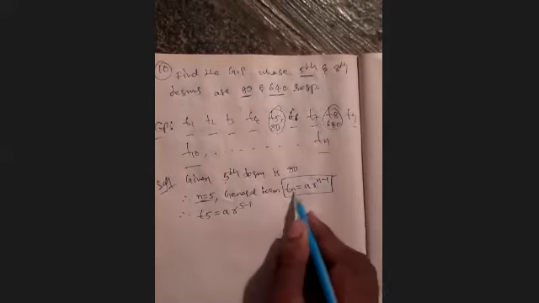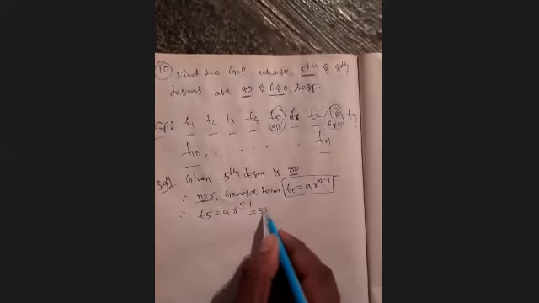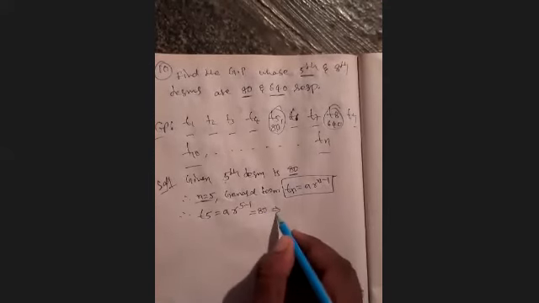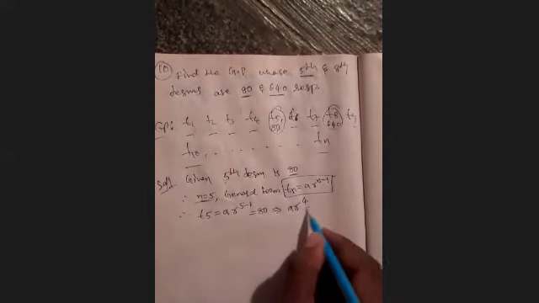Why 5 minus 1? Here we have n, here 5, so here also it should be 5. That is the nth term general formula, and this is now the fifth term, which is given as 80. So we write this is equal to 80. That implies a r power 5 minus 1, which is 4, is equal to 80.